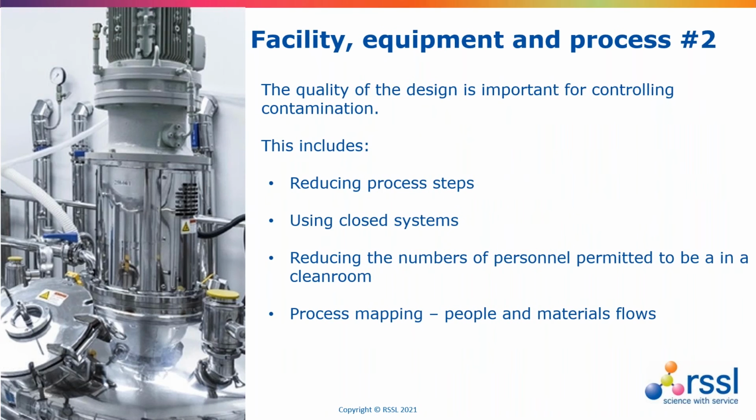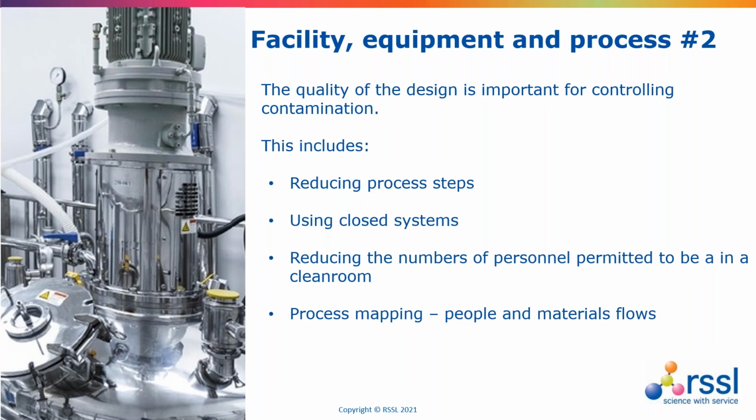And as I said, we also need a detailed understanding of the plant and the process. And as we start to do any facility upgrades or modifications, then we need to make sure that quality by design includes the control of contamination. So if it's an engineering product, it's not just focusing on, say, reliability or capacity, that contamination elements are also built within that.